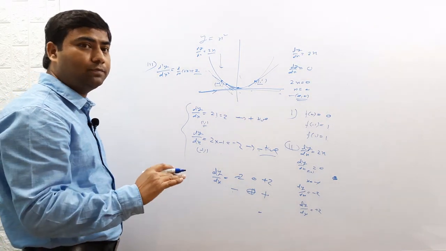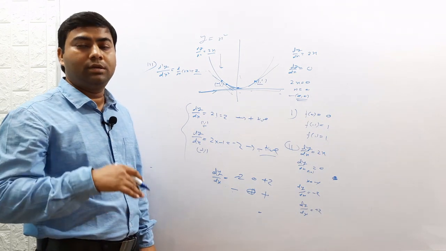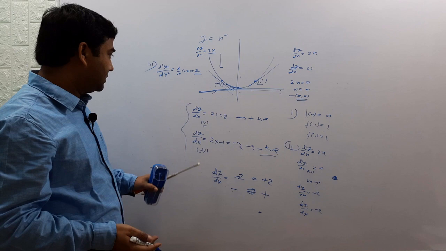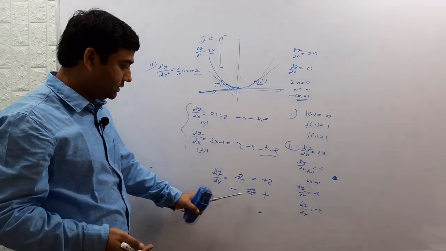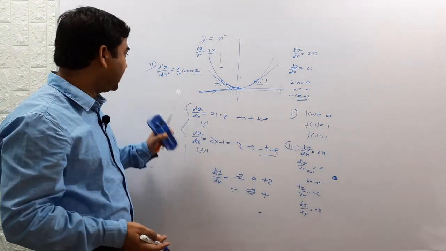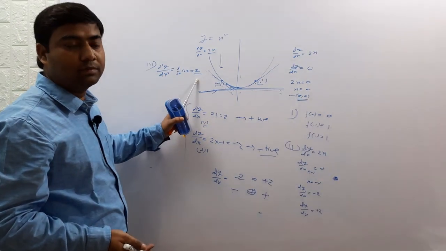The second derivative is positive for minima and negative for maxima. If this is positive, that means the first derivative is an increasing function, minus 0 plus. Minus 0 plus is increasing, hence the derivative of the first derivative is positive.